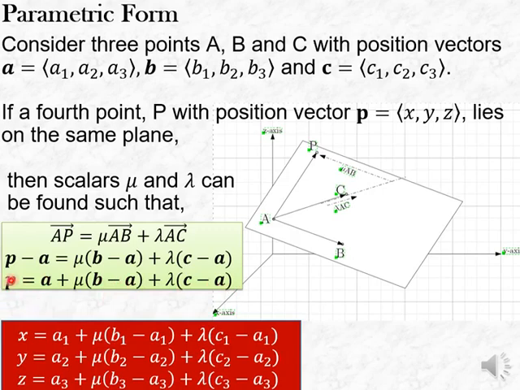Now if we substitute the components of P, which were x, y, z, the components of A, which were A1, A2, A3, the components of B, which were B1, B2, B3, and the components of C, which were C1, C2, C3, then we get the individual values of x, y, z. We get this form, which is the parametric form of the equation of a plane.